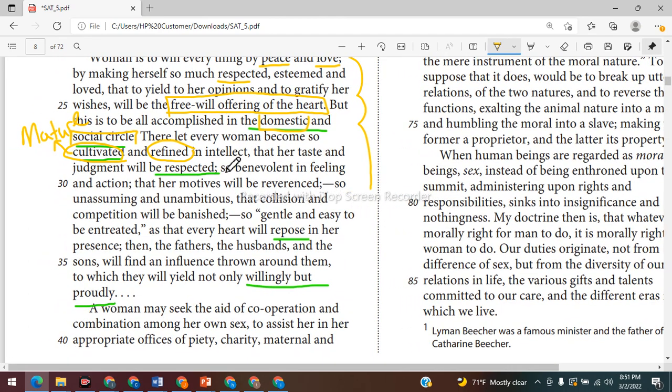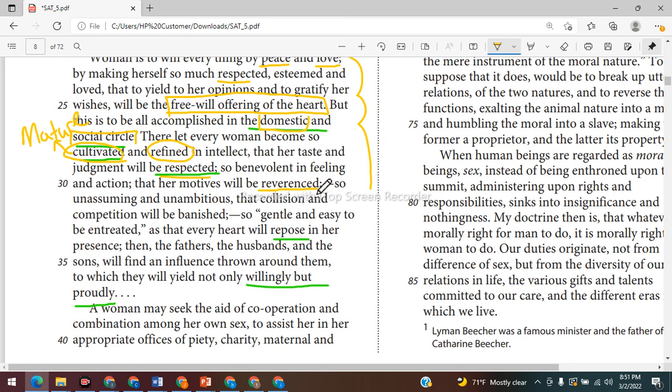Okay, so then let every woman become so mature, so refined, so cultivated that her taste and judgment will be what? Respected. So benevolent in feeling and action that her motives will be reverenced.